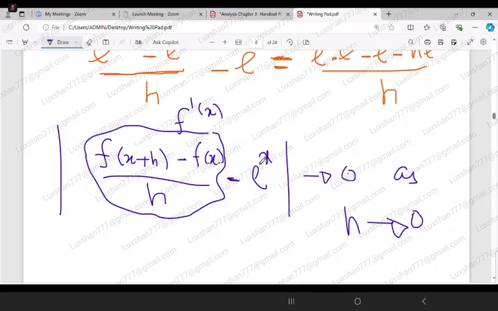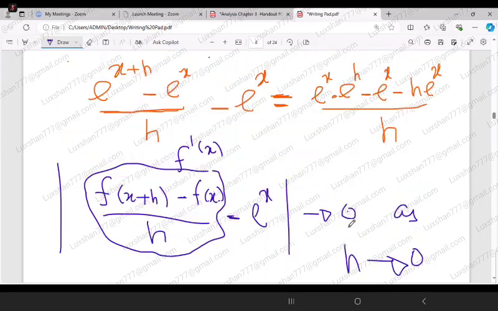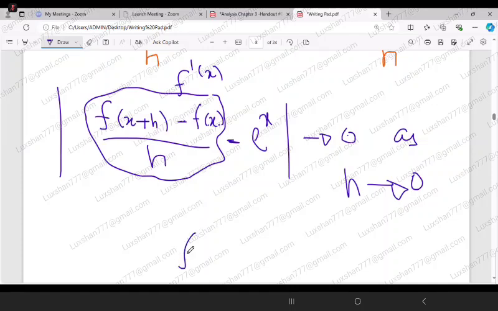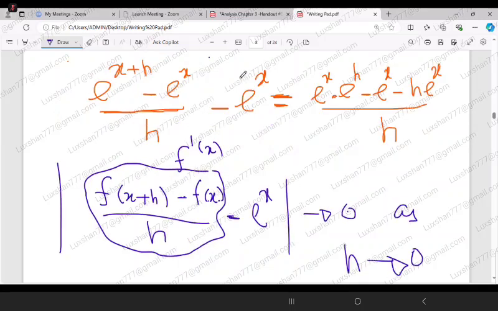So that is the idea actually. So what we are trying to show is, if we can show that mod f x plus h minus f x over h minus e to the power x tends to 0 as h tends to 0, then we can say that f dash x is equal to e to the power x simply. That is why we are considering this expression.